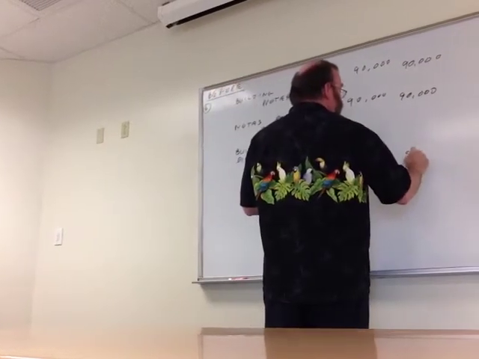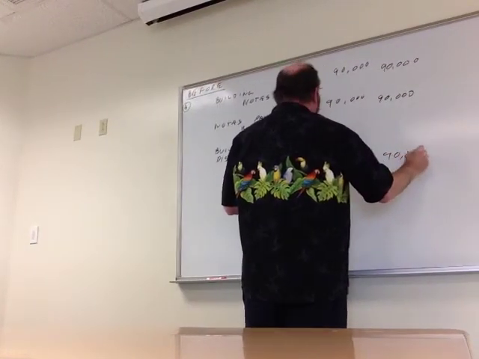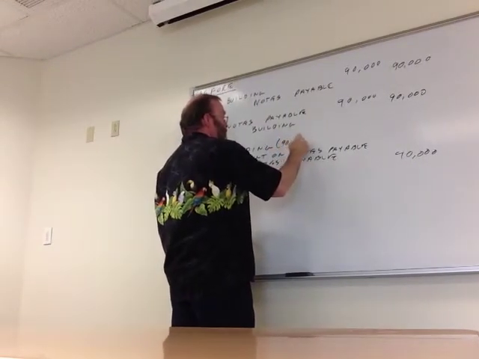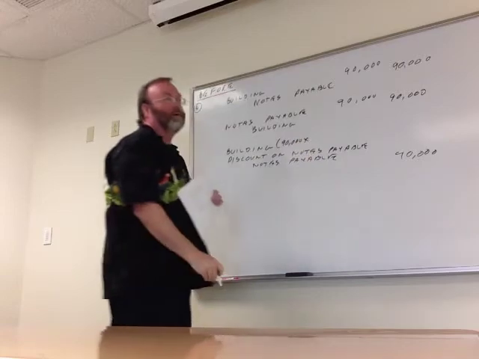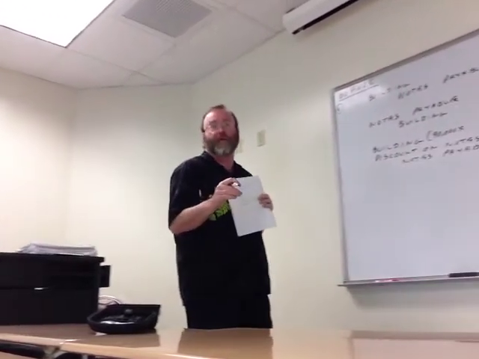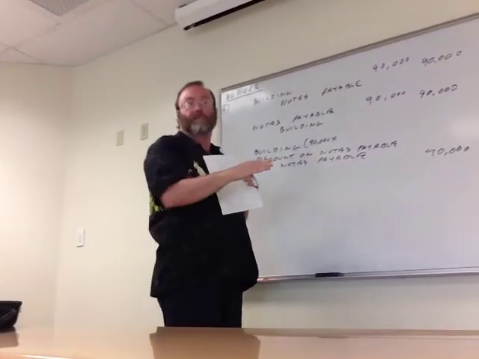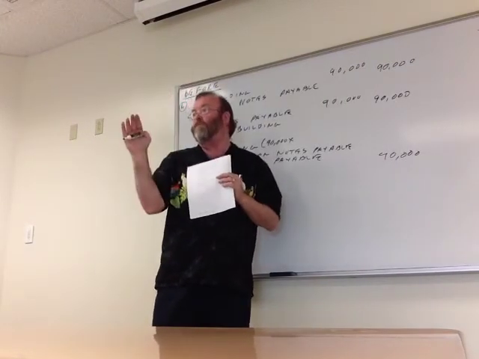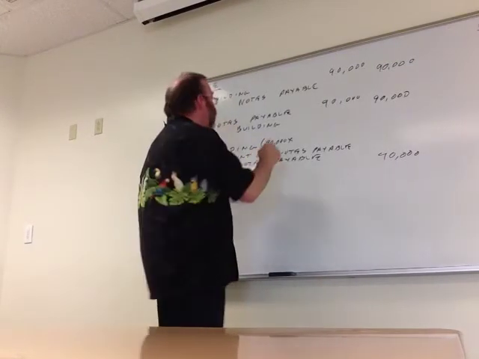The note payable is, in fact, $90,000. But the present value of that $90,000 note, which is going to be 4 years down the road at 12%, you'd have to go to your tables, look in the 12% column down to row number 4, and you'd have to get a factor.